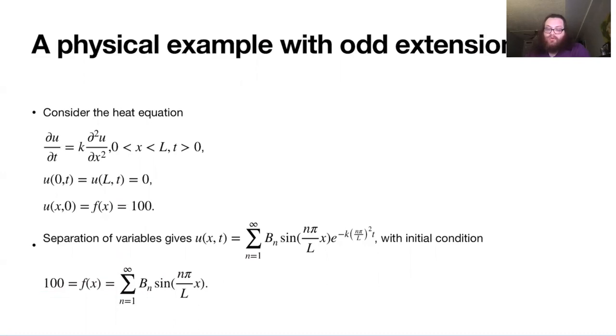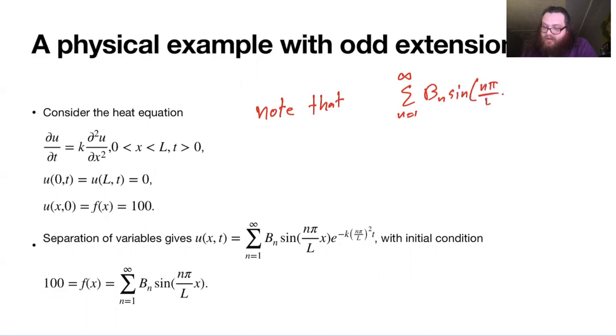Okay, so one thing to keep in mind: note that for x equals 0, take the series, the sum from n equals 1 up to infinity of b sub n times sine of n pi x over L, and plug in x equals 0.